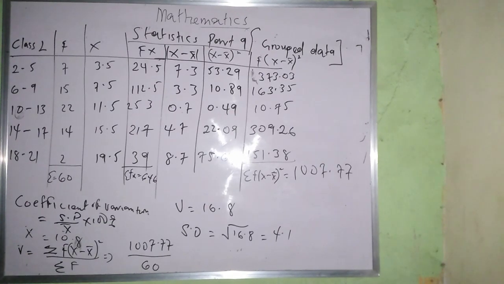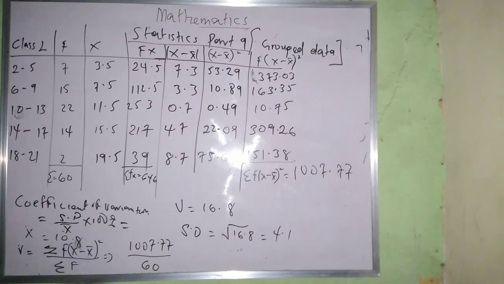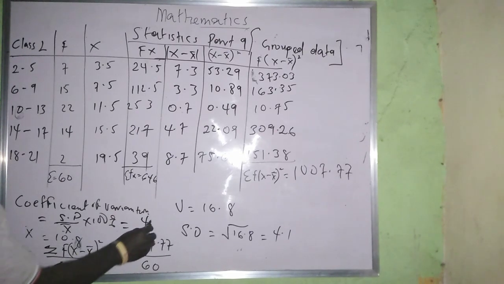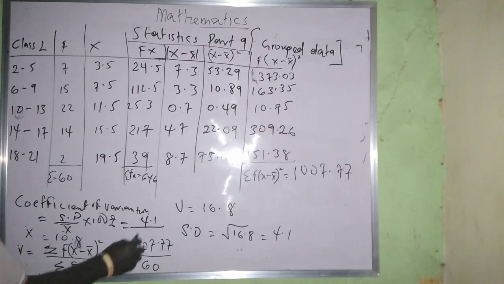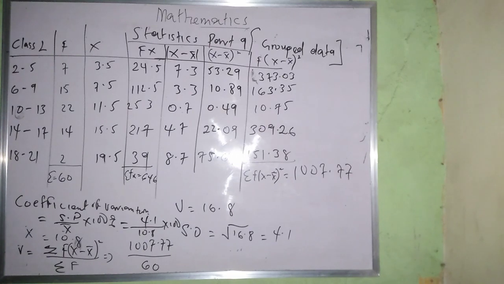I made a mistake earlier in stating it. Now my mean is 10.8 and the standard deviation is 4.1. So 4.1 divided by 10.8 times 100. This times this, it will be 410.